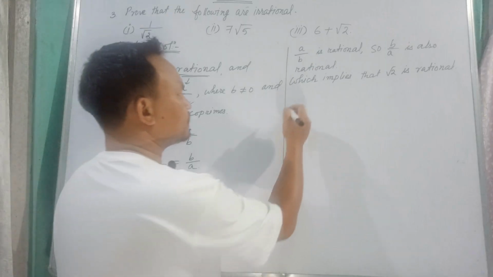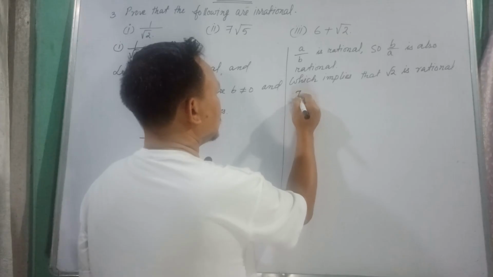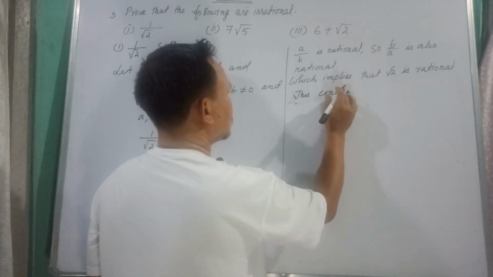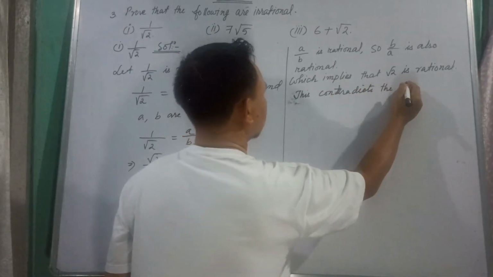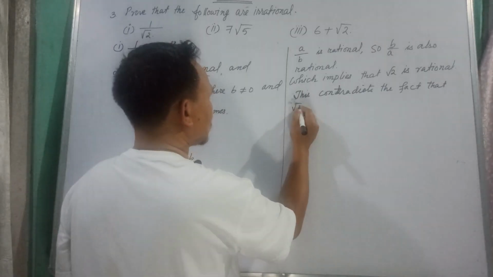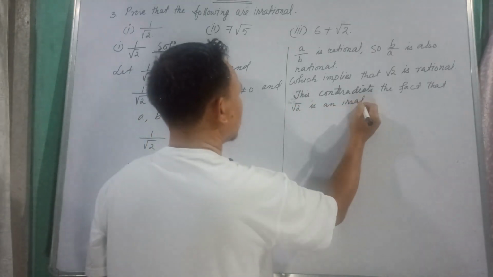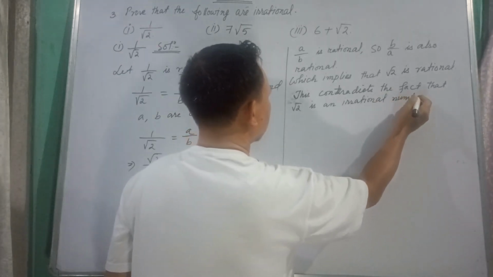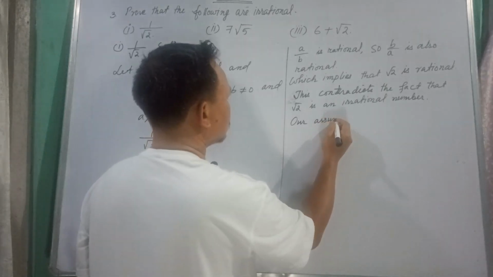Or we can write that this contradicts the fact that root 2 is an irrational number. So what happened?